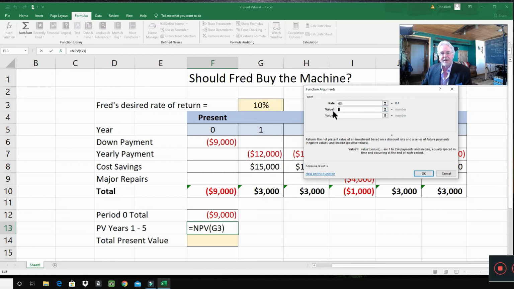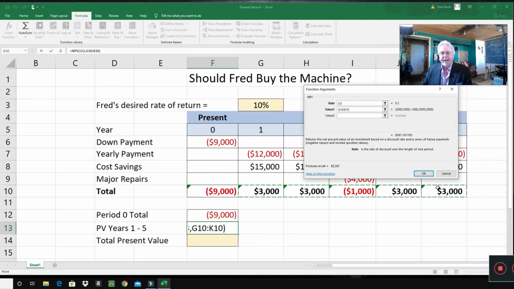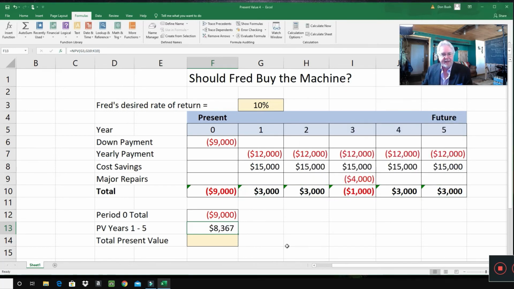So value 1, rather than typing in all these values, all you have to do is highlight the values that we want. And we're purposely leaving off time 0 because that is already at the present. Once we have all the numbers here highlighted, we hit OK. And there's the present value right there, years 1 through 5.